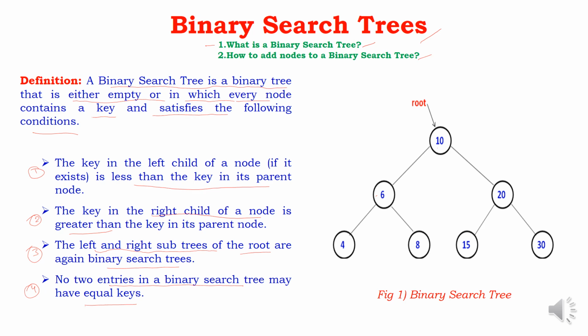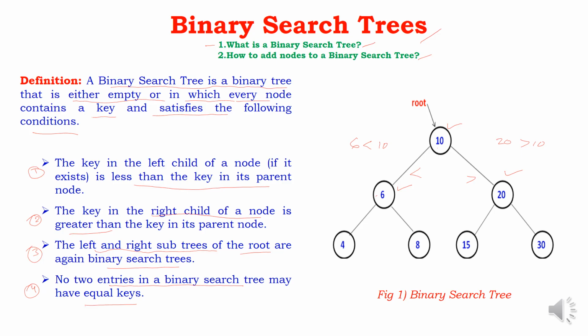See, the root is 10, its left value is 6, its right value is 20. So 6 is less than 10, and 20 is greater than 10. The left value is less than the root value, the right value is greater than the root value.